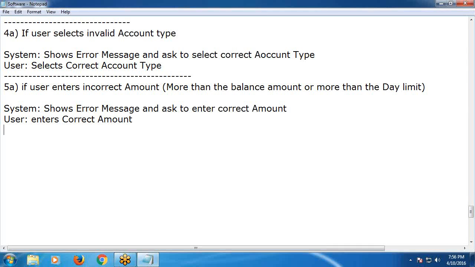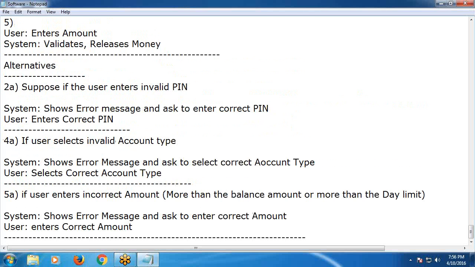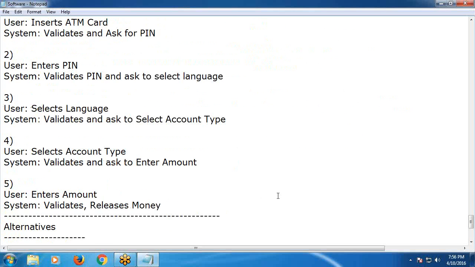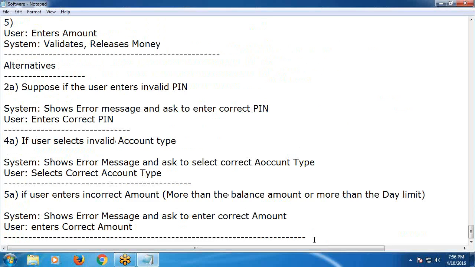Then it releases the money, mainstream. See, mainstream and alternate streams.